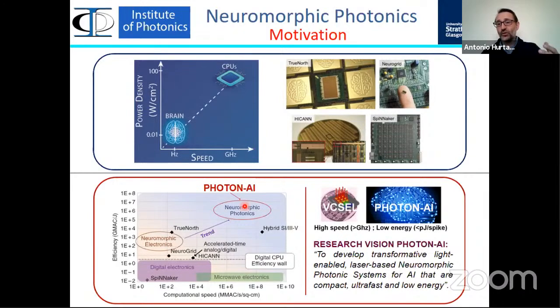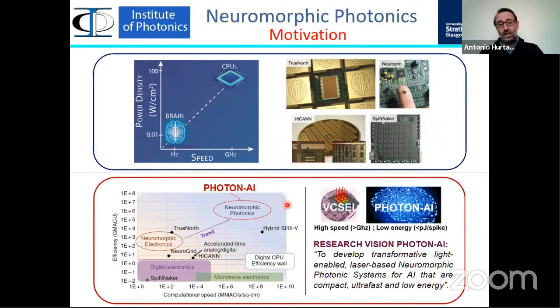The use of photons has certain advantages. We don't have the limits in interference and crosstalk that electronic systems suffer from, and we can develop very long communication links with optical fibers or other platforms. They also have reduced footprints, and they will allow low energy and high speed operation.